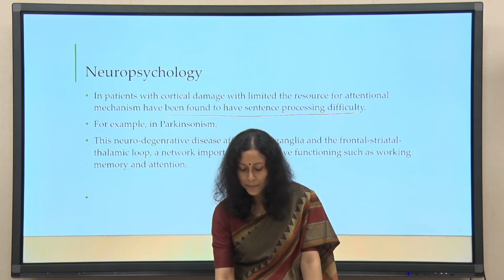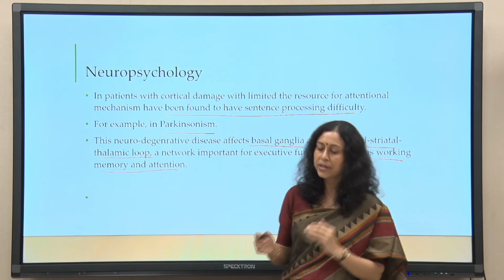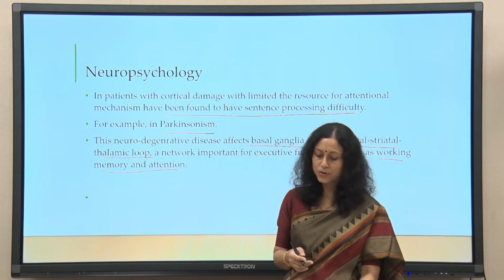For example, in the case of Parkinsonism, this disease affects the basal ganglia and the frontal striatal thalamic loop, which is important for executive functioning such as working memory and attention. So, basically, Parkinsonism as a disease has certain neurodegeneration happening in particular areas which are responsible for memory, working memory, attention and so on.